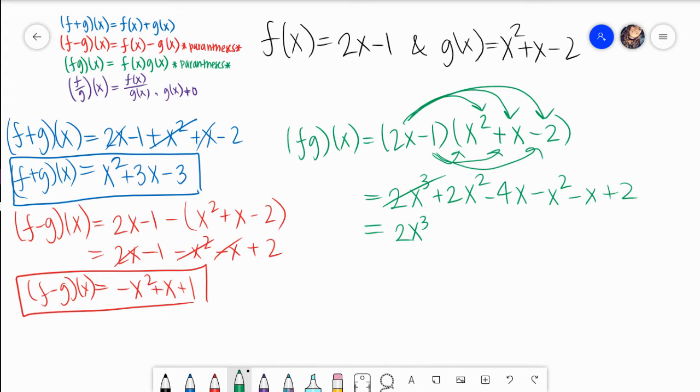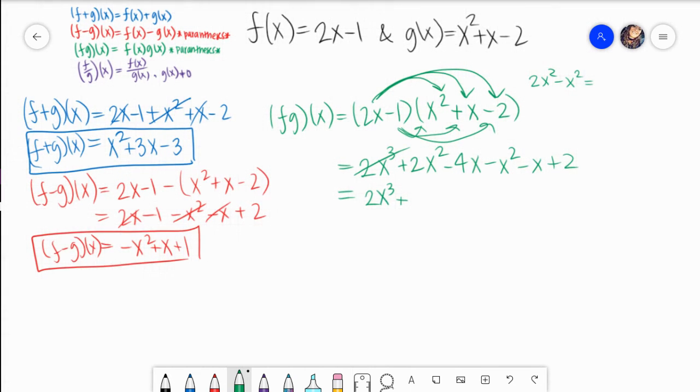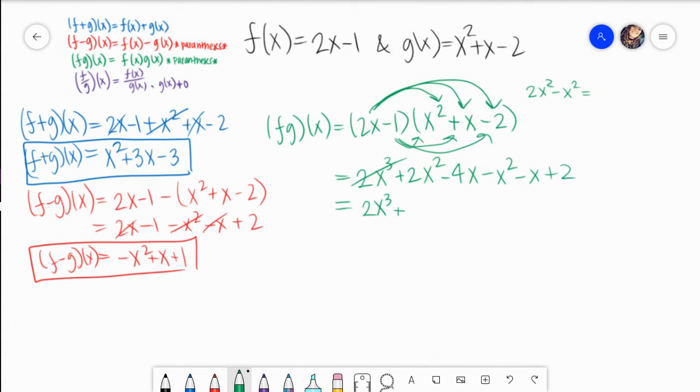So you do 2 minus 1 is 2, right? Sorry, let me write that right here. 2x cubed minus x cubed. 2 minus that little invisible 1 is 1, and then our 2 is the largest, so it's a positive 1, and then you keep your variable, keep your exponent. So I get a positive x squared.